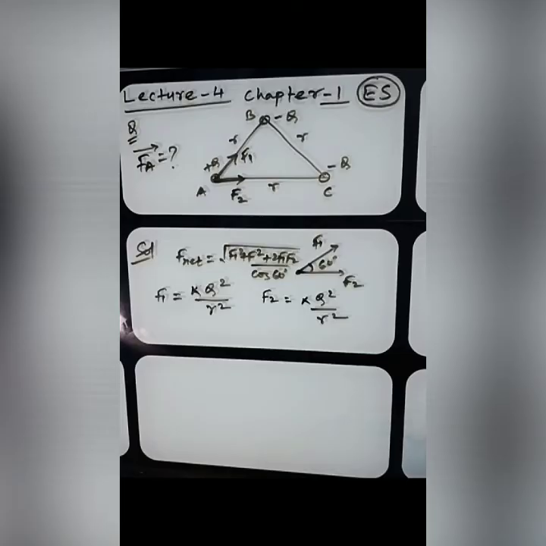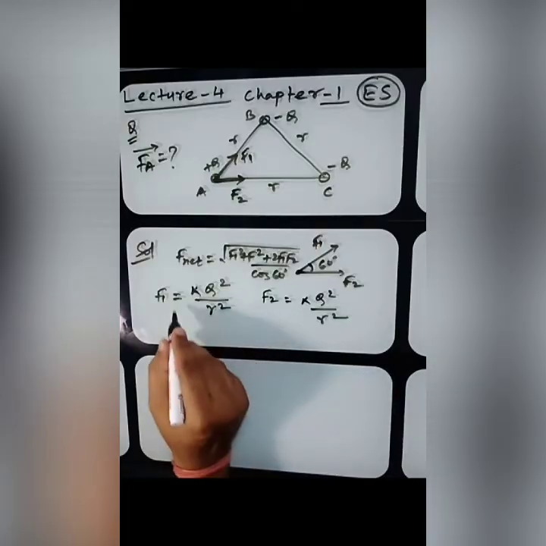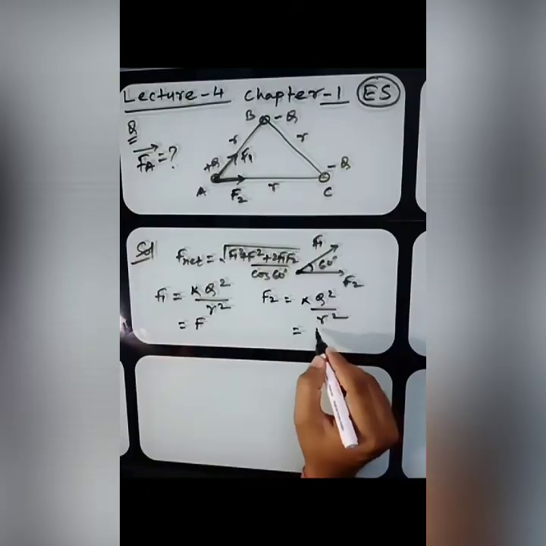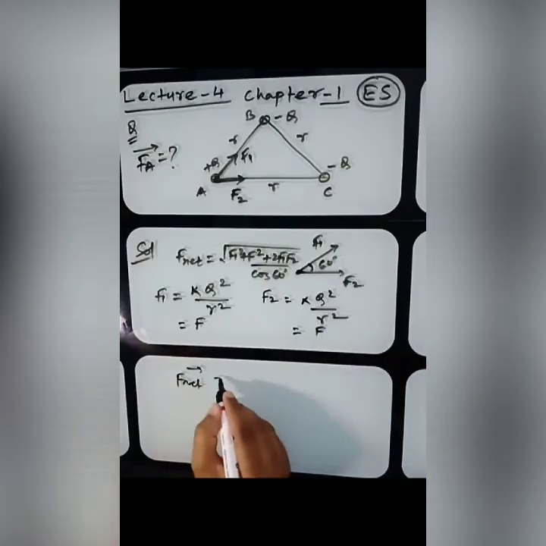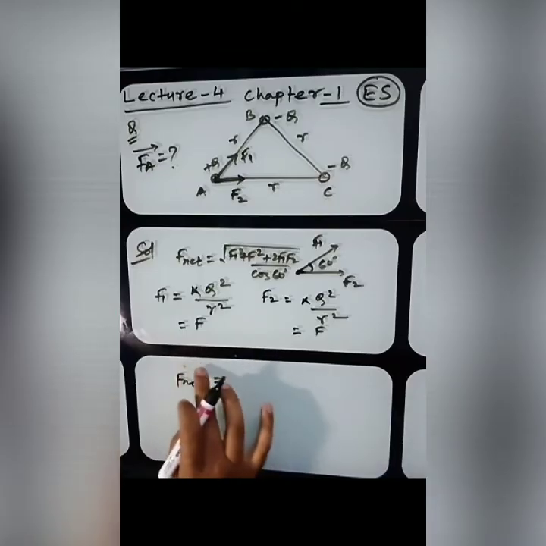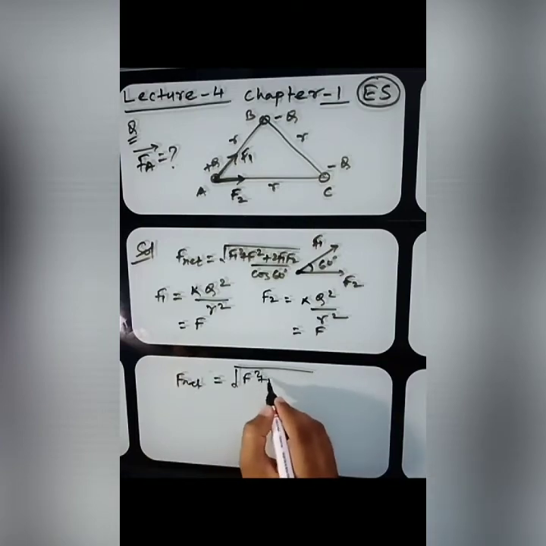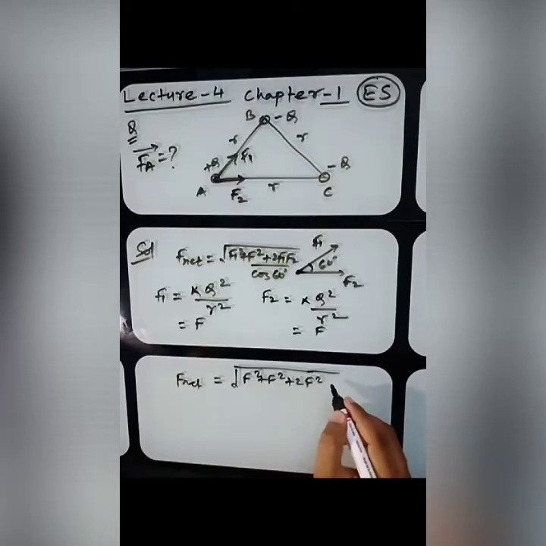Now we'll write the net force here. Suppose this is F, so of course this is also F. So the F net will be, here writing the magnitude, we can write the direction also, the magnitude as F square plus F square plus 2F square cos 60 degree.